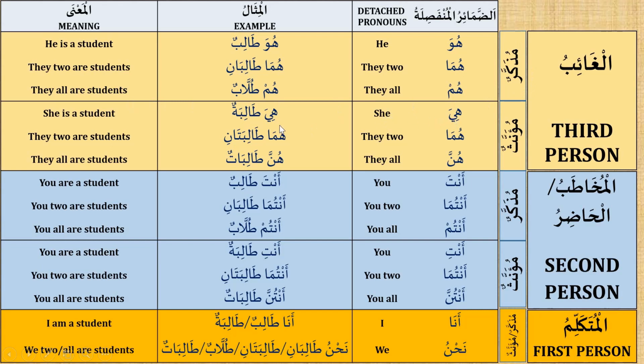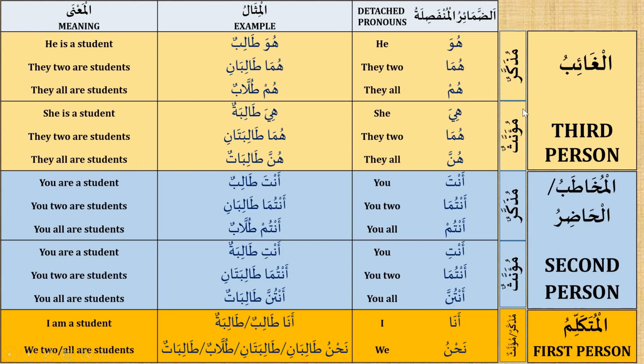Hiya, she, hiya طالبة, she is a student. Huma, they two. هما طالبتان, they two are students. هن, they all. هن طالبات, they all are students.